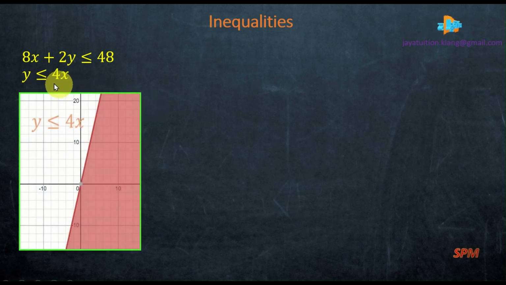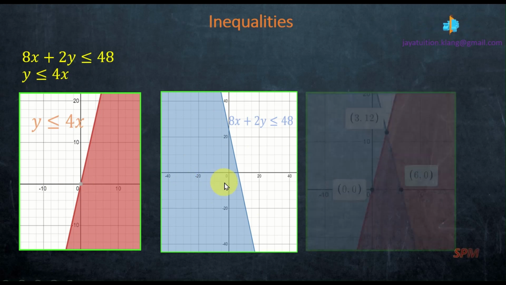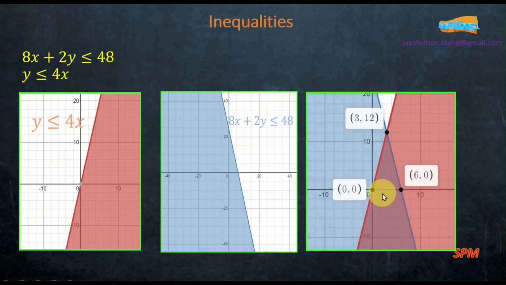If you take y less than or equal to 4x, you get such a graph, the shaded region. This is the part y less than or equal to 4x. And if you take 8x plus 2y less than or equal to 48, you get a straight line and you will get this particular region, the less-than region. If you combine both the graphs, you will get this graph.